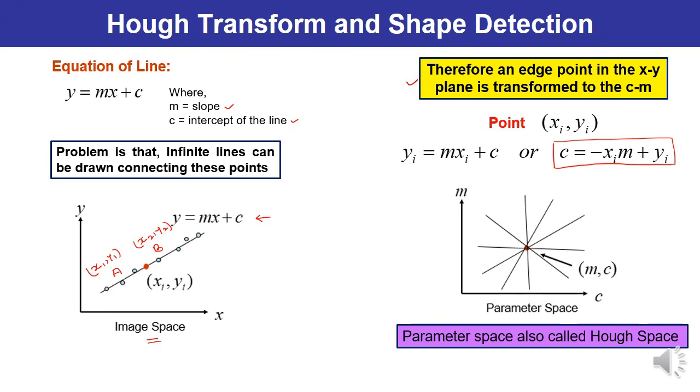Here the image space which you have drawn in the xy plane is now converted into the cm plane. Now it is denoted as the parameter space, and this is a point. This point is shown as the intersection point over here, and a common intersection point indicates that the edge points are part of the same line.